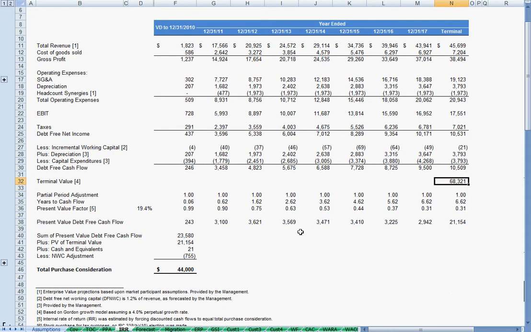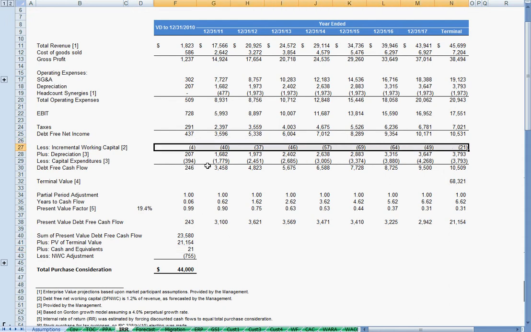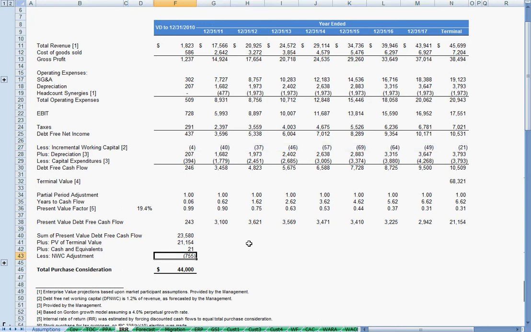In addition to discounted cash flows and the discounted value of terminal value, there are other adjustments one needs to make before arriving at the total consideration. First of all, adding back cash and equivalents. As you might have noted, incremental net working capital is calculated based on the cash-free incremental net working capital.